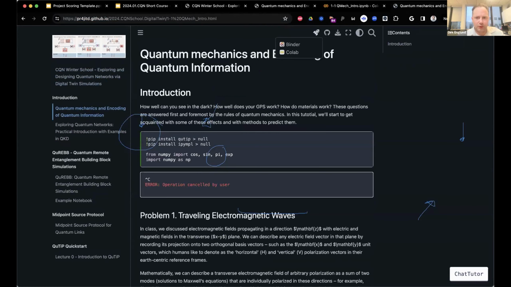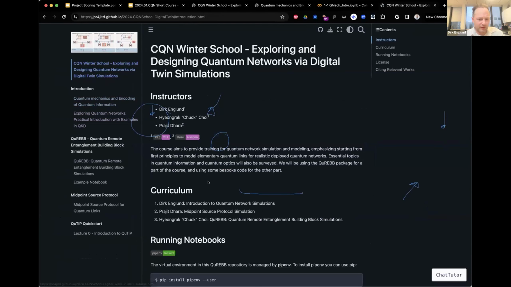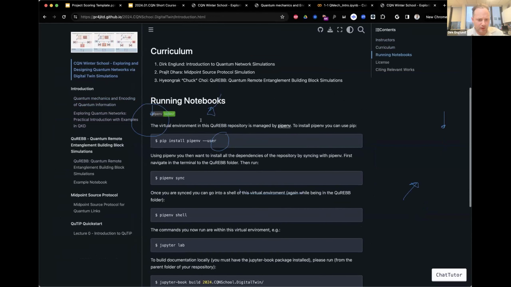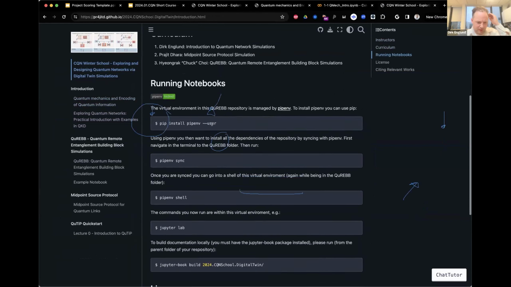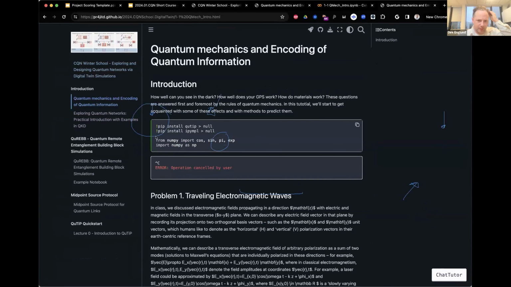You will be able to click on the rocket, and there's either a Binder version or a Colab version, whichever is your preference for running the code. Now I want to take a moment to look at the introductory material. Here you see how to set up your code base for running notebooks for QuTiP, which Chuck is going to talk about later. Let's go through and look at an example.